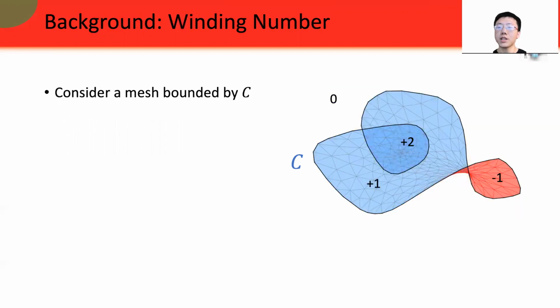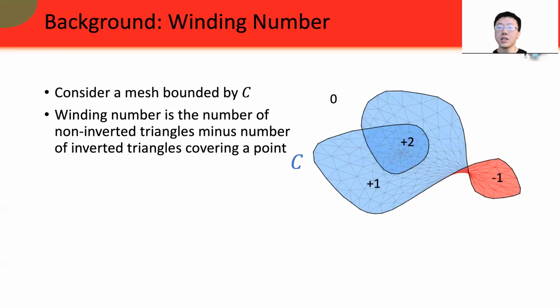We introduce another interpretation of winding number that makes it more relevant to our problem. Consider a mesh whose boundary is the curve C. Then the winding number is the number of non-inverted triangles minus the number of inverted triangles covering that point.